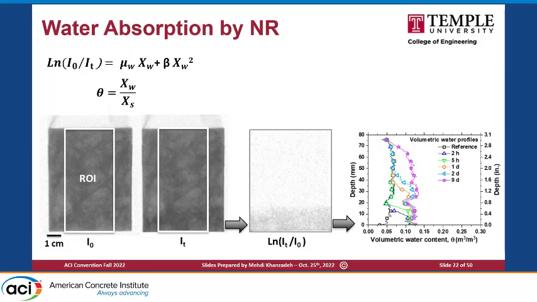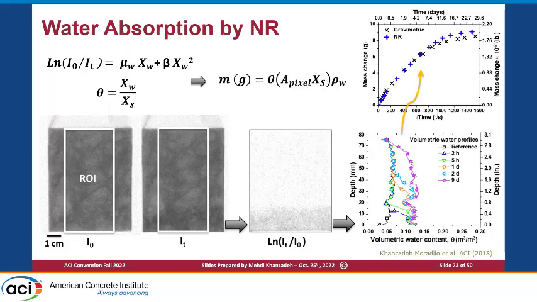Then we can use the Beer-Lambert law to quantify over the depth what is the volumetric water content, right? And if we take the sum of this volumetric water content and compare it with the gravimetric method, which I discussed as ASTM C1585, you see there's a good correlation.